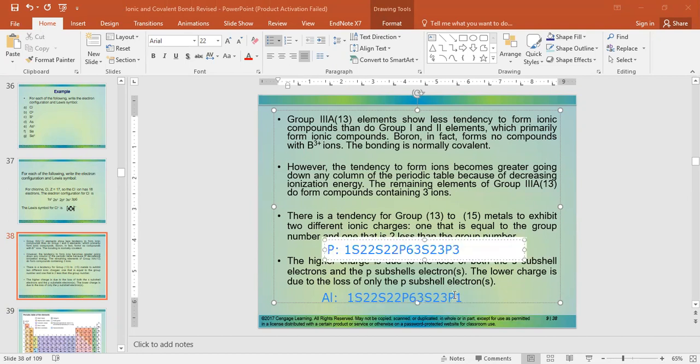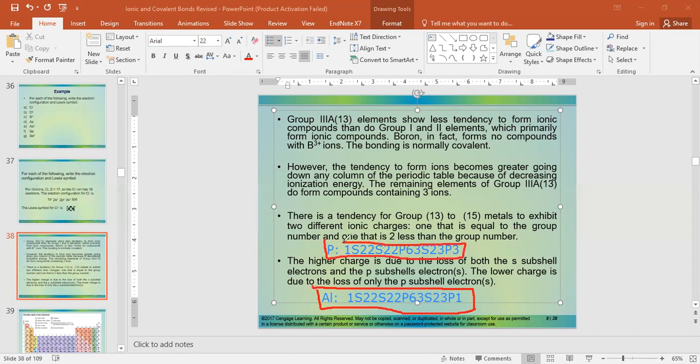So we have phosphorus here and we have aluminium. This one is in group 13, and this one is in group 15.